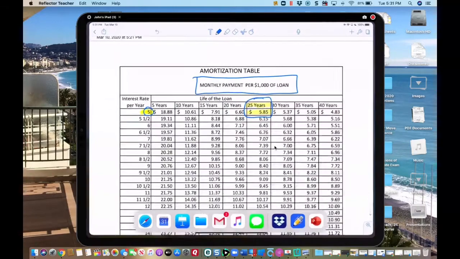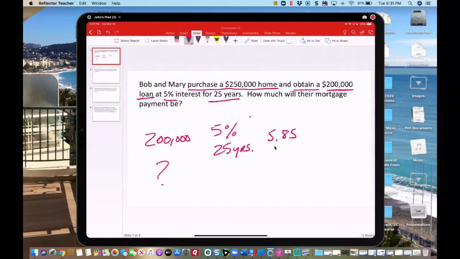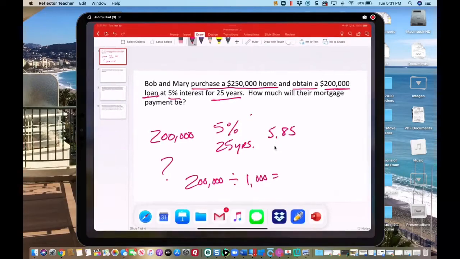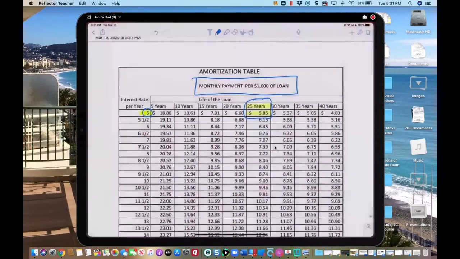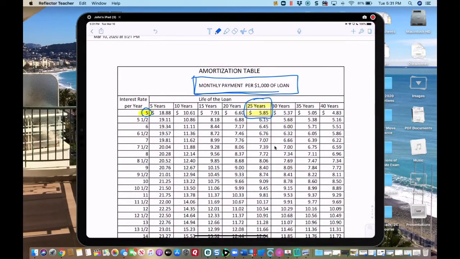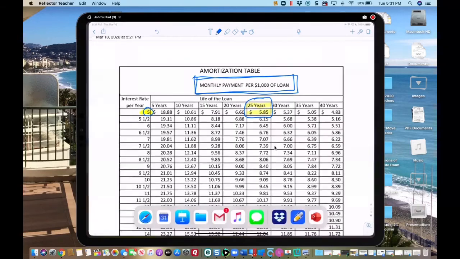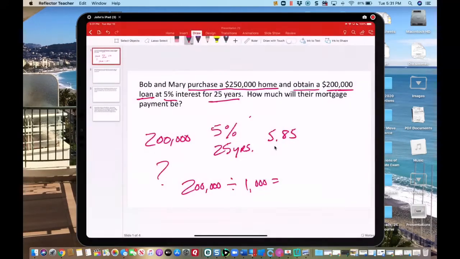So let's come back over here to our problem, and 200,000 divided by 1,000. Again, just so you understand, per 1,000 of loan. So we take the loan amount and we just divide by 1,000.